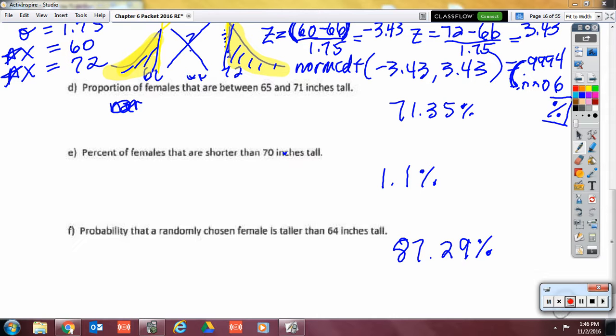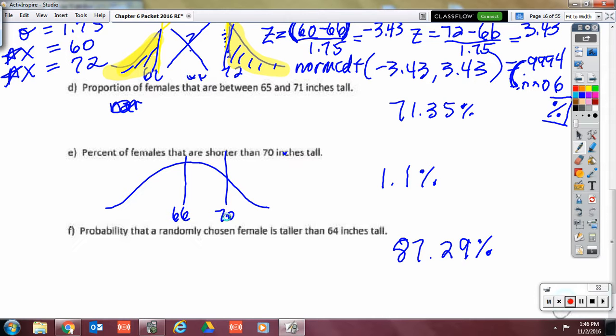Okay. So on E, here's 66, and then you got 70 up here somewhere. And you want to go shorter than that, okay? So I'm going to find the z-score right here: 70 minus 66 over the standard deviation. And so that z-score is negative 2.